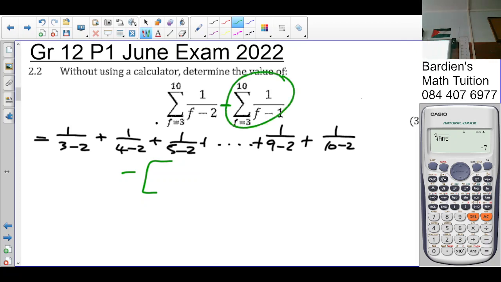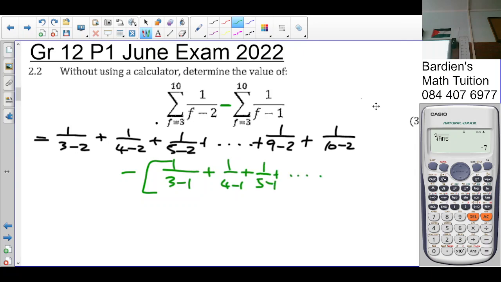The representation of that sigma is as follows. Starting at 3, so it's 1 over 3 minus 1, plus 1 over 4 minus 1, plus 1 over 5 minus 1, and so on. But the last term at 10, so it's 1 over 10 minus 1, plus 1 over 9 minus 1, plus, and so on. Okay. So I'm just going to tidy this up a bit.